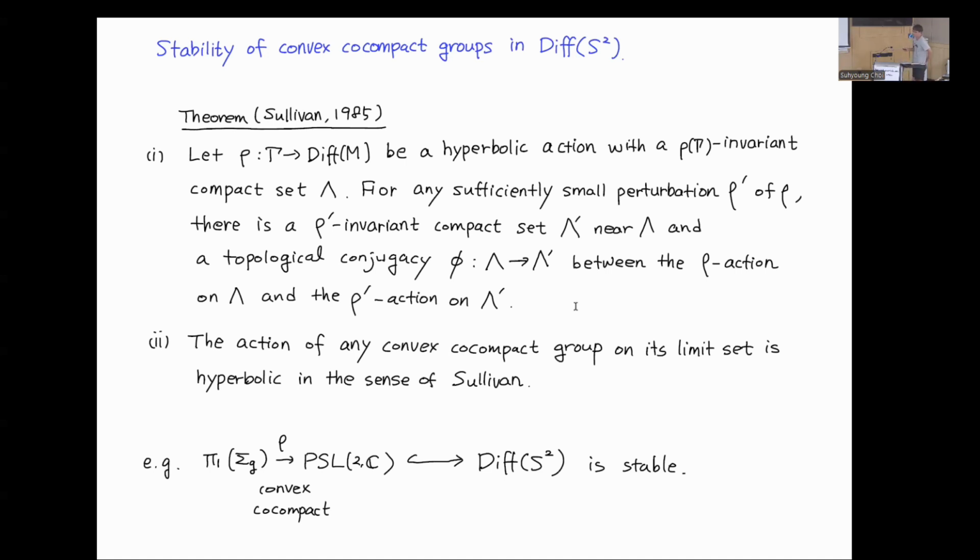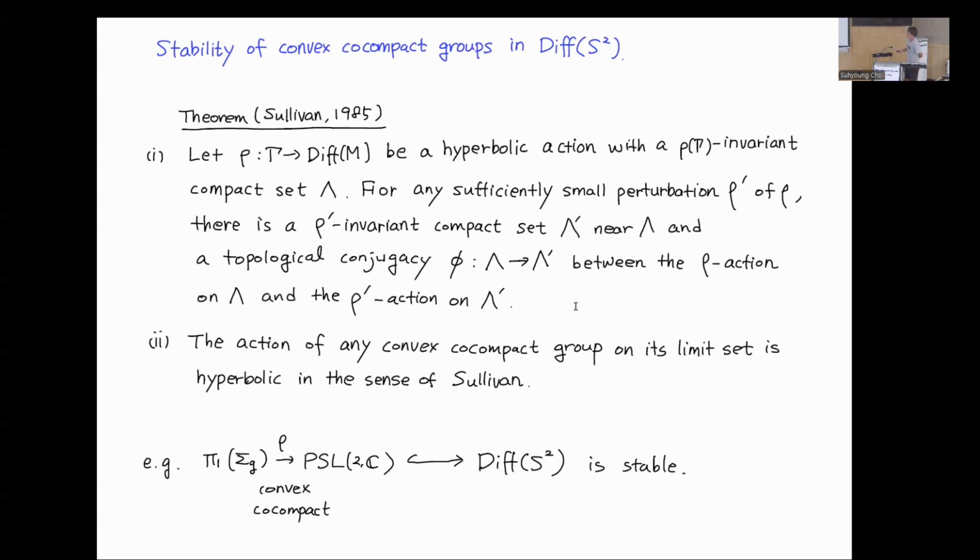So this is a homeomorphism between the rho action on lambda and the rho prime action on lambda prime. So that means that if you perturb the hyperbolic action, you still get a similar hyperbolic group action nearby the original action.